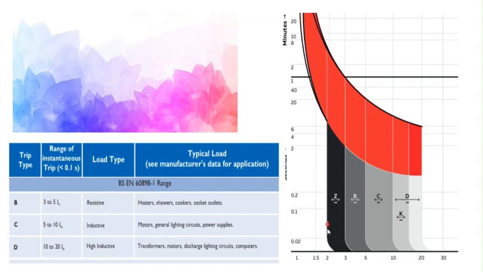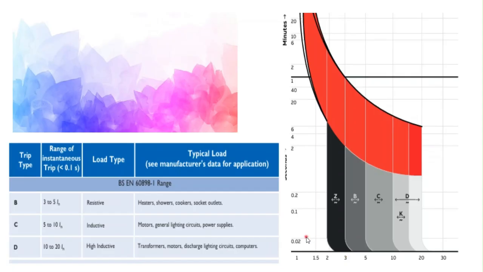So let us understand in this curve. This is the trip curve for this type B, right? So it is supposed to start the tripping mechanism at 3 times its nominal current. 3 means 3 into IN, right?